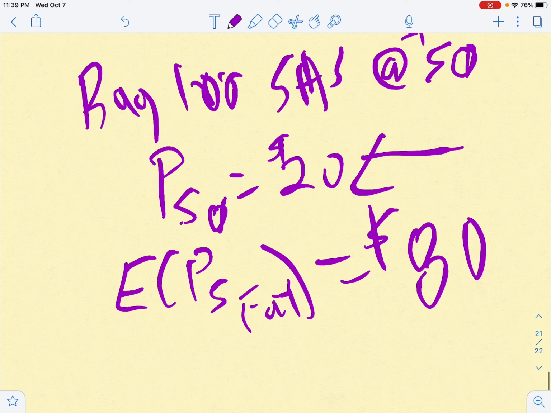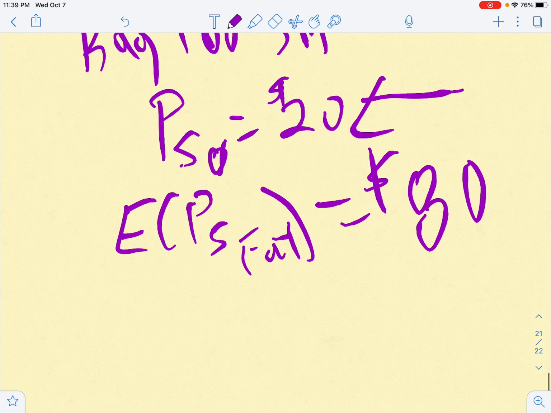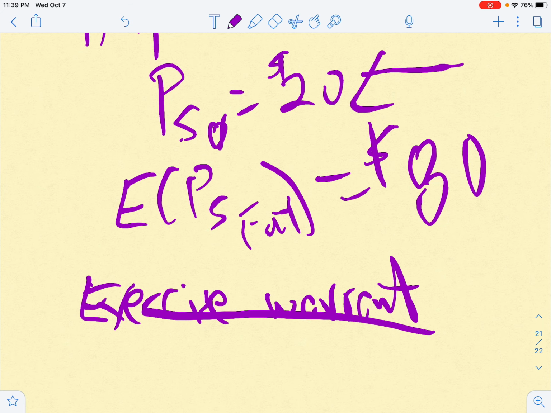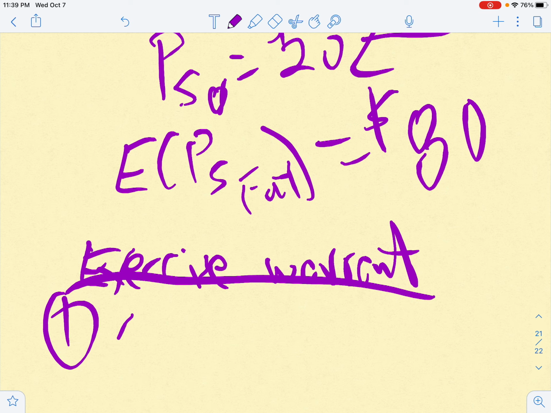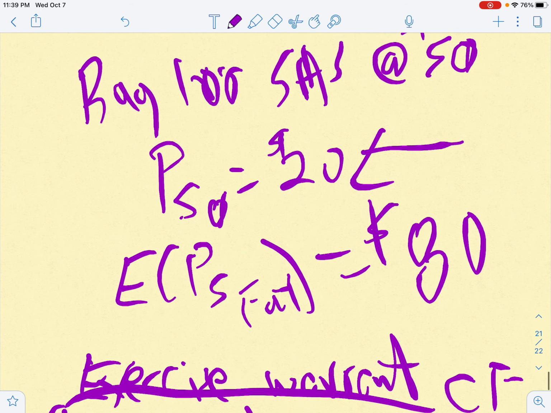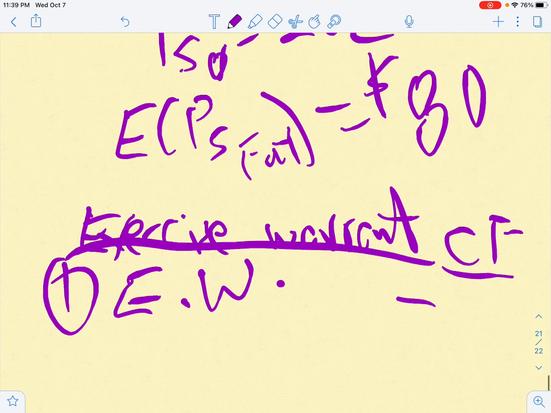Well, let's see what happens if that expectation ends up being correct. If the stock price goes to 80, one thing they could do is exercise their warrant. And what would happen if they exercise the warrant? Well, step one is exercise the warrant, okay? And the cash flow associated with that is, well, the right to buy 100 shares at 50. There's a $5,000 cash outflow there.